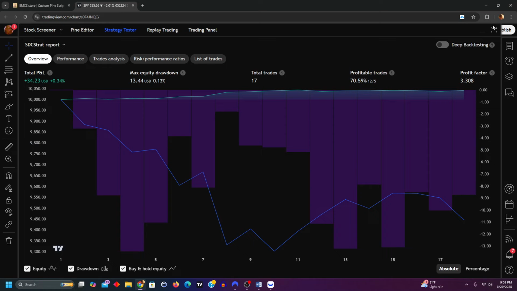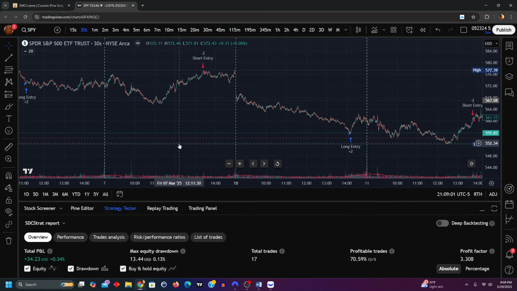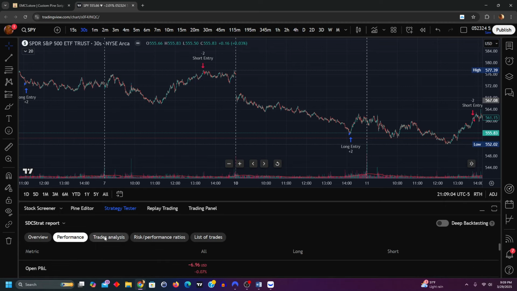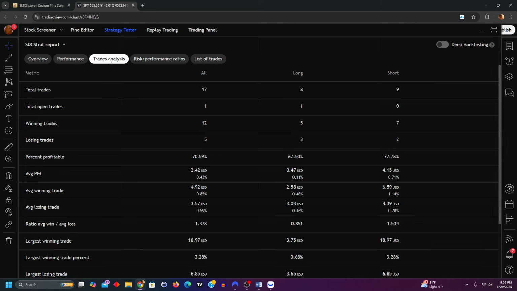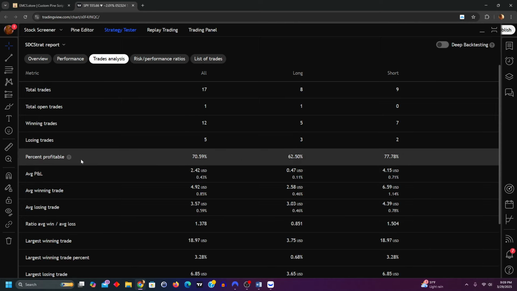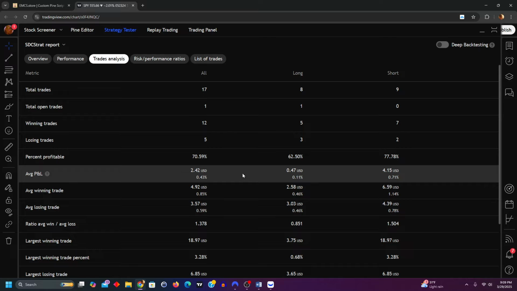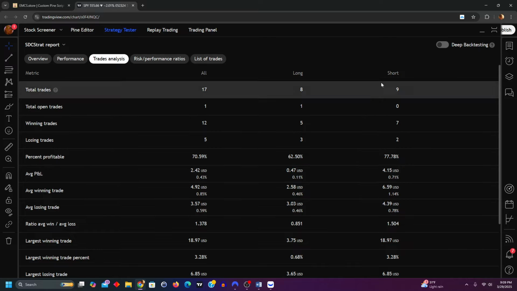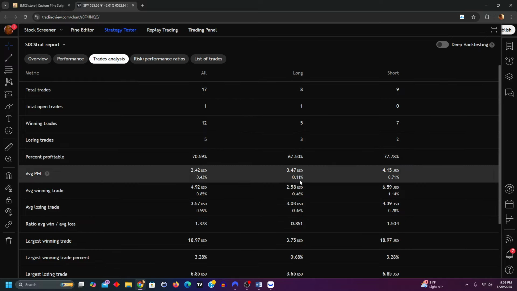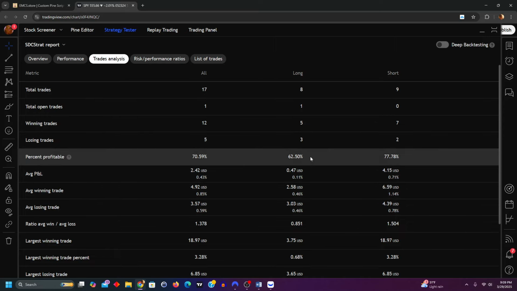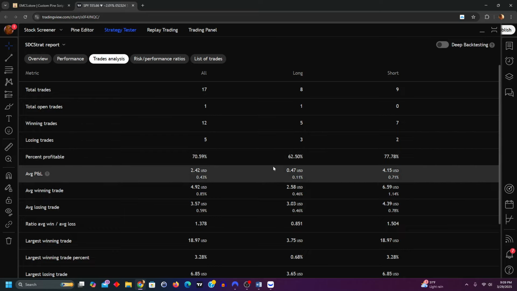So what does this actually do, right? You can see on this, at least over this time period right now, we've obviously suffered a significant loss on the market, and the strategy has underperformed on the long side compared to the short, which would be expected.